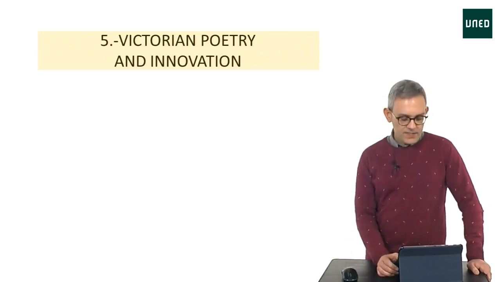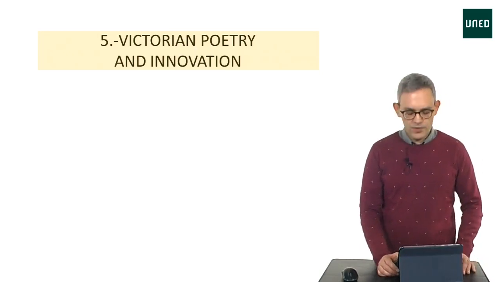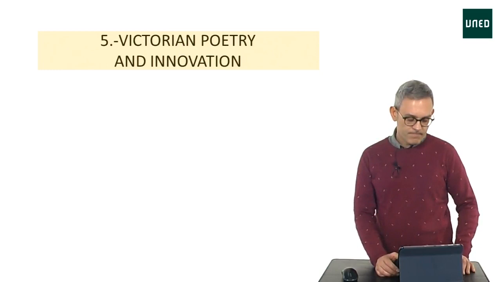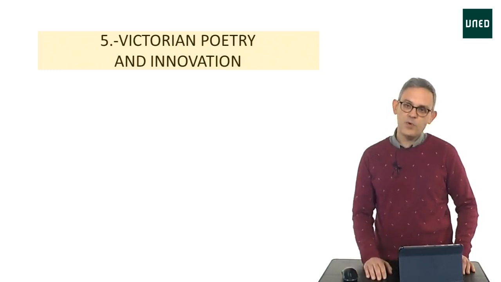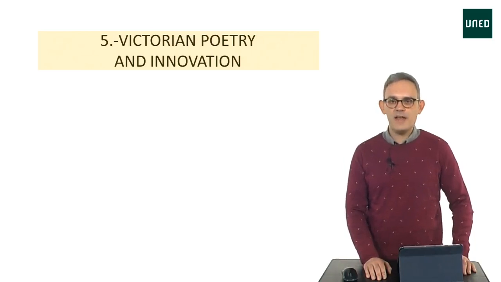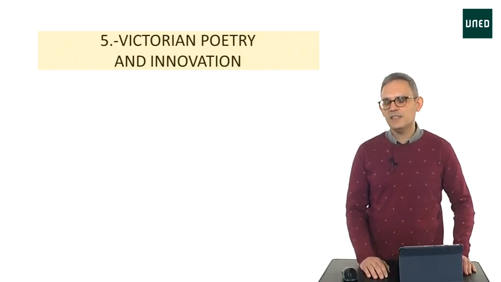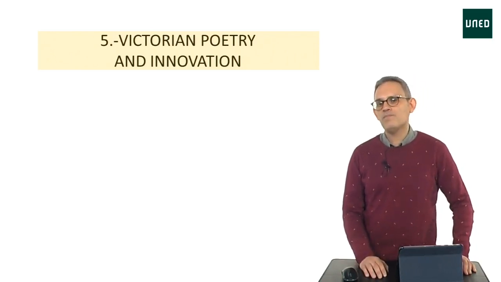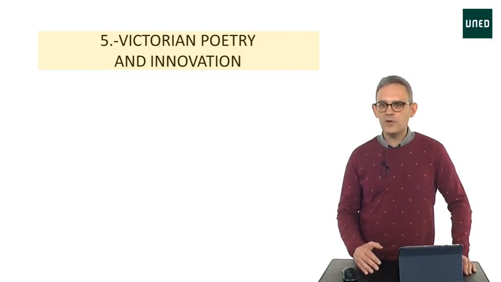In his preface to the Lyrical Ballads, Wordsworth had put forward the revolutionary idea that poetry should be written in what he called the language of men. In other words, he didn't think that poetry should use a special, more sophisticated, more obscure language.